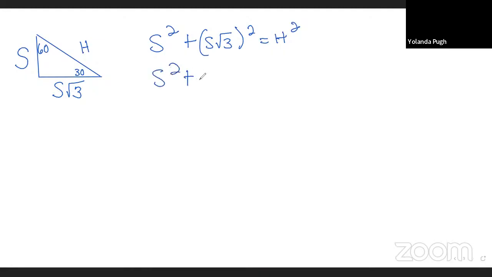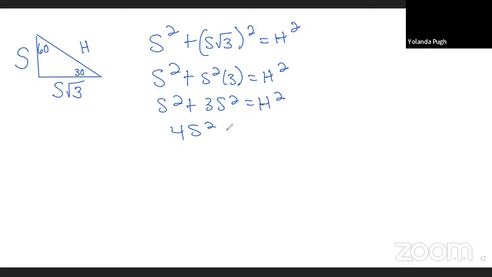So S squared plus S squared times 3, so this is S squared plus 3S squared, is equal to h squared. That means that 4S squared is equal to h squared, and that means that 2S is equal to h. And this is where we got our relationship that the hypotenuse is twice the length of the short side.